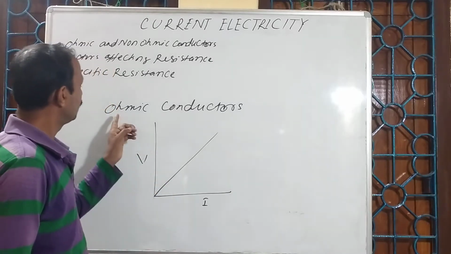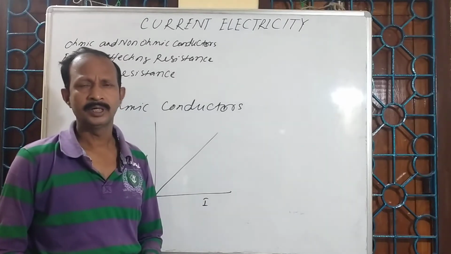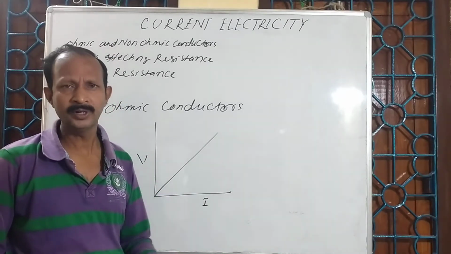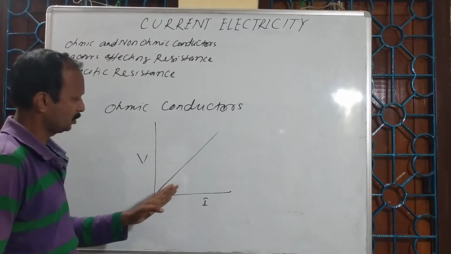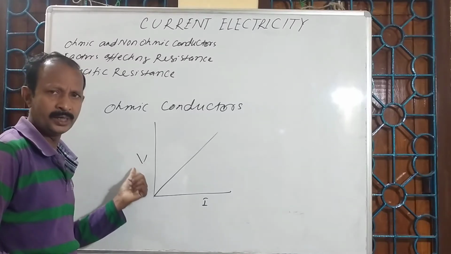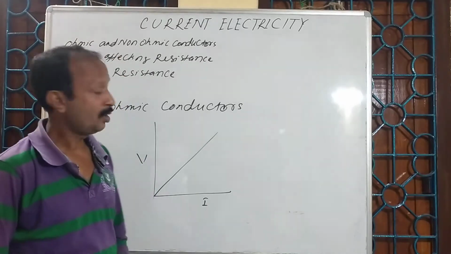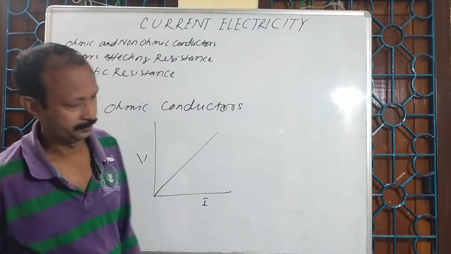All metals, nichrome, copper sulfate solution, sulfuric acid are examples of ohmic conductors. If I draw the graph between voltage and current, it will be a straight line. That means all these materials are obeying Ohm's law.